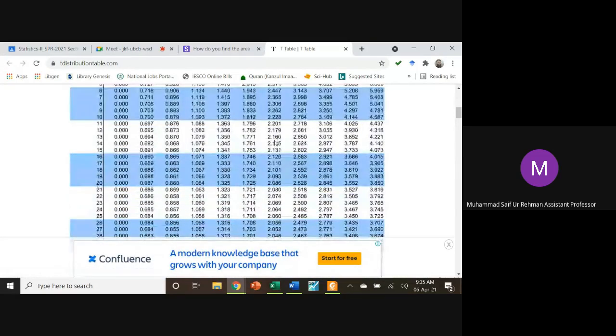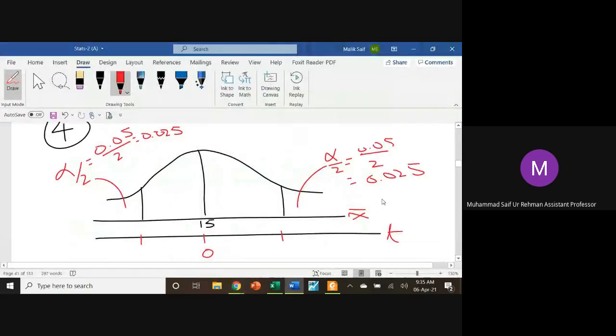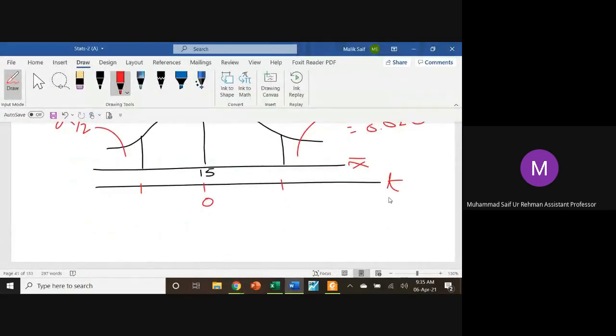This is the column, and which value is there? Yes, this is the value, 2.093. This value you will write down, 2.093 with positive sign, and to this side it will be with negative sign, 2.093.